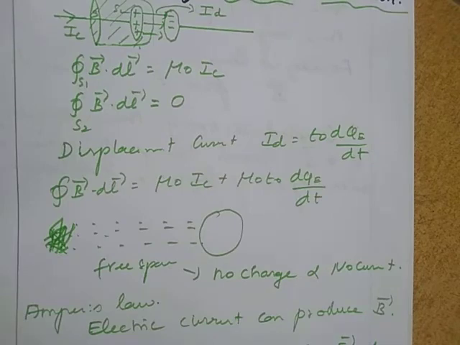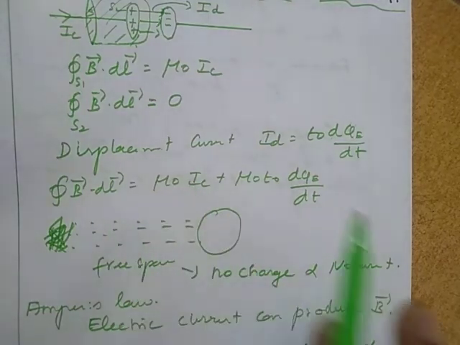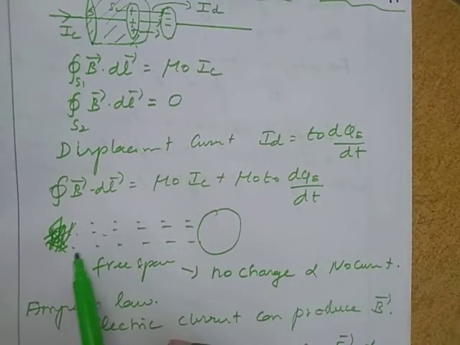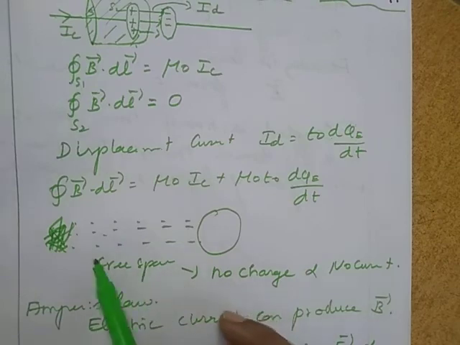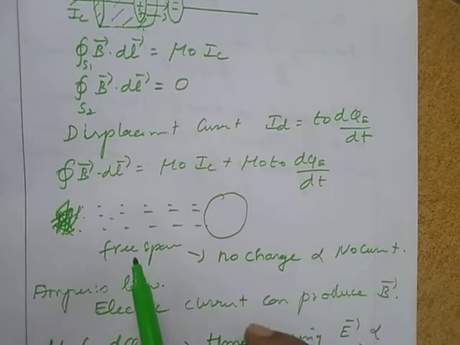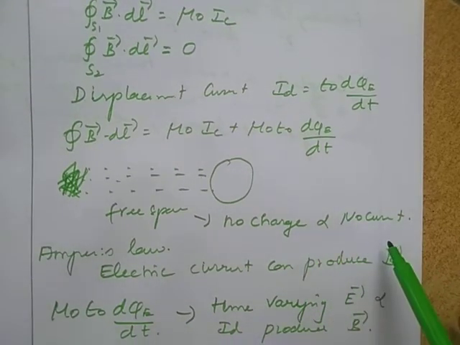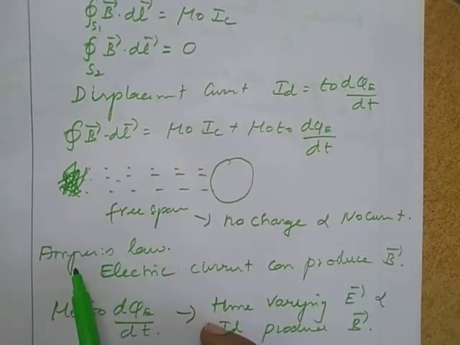We know stars and the sun can produce light. That light has to travel a long distance only in free space. In that free space there is no charge and no current, so there is no conduction current.